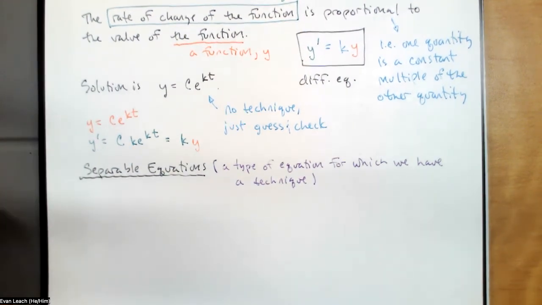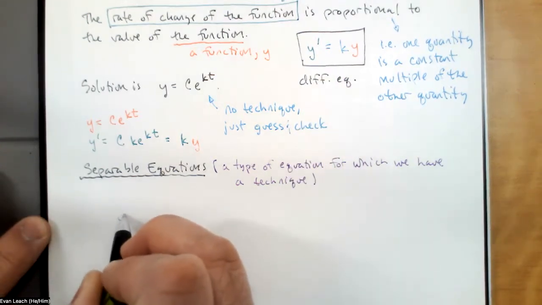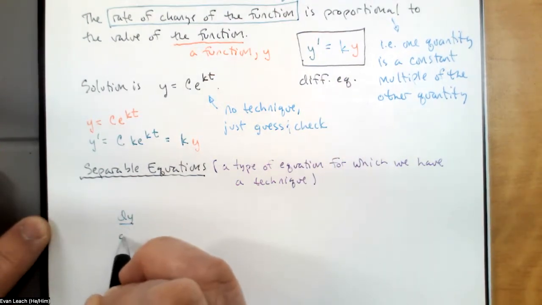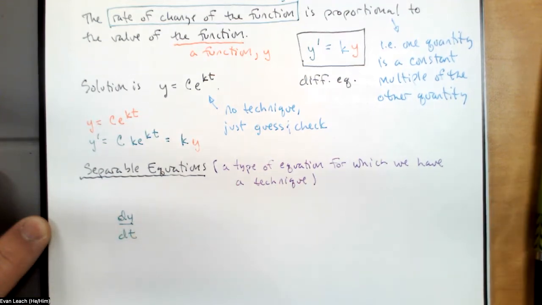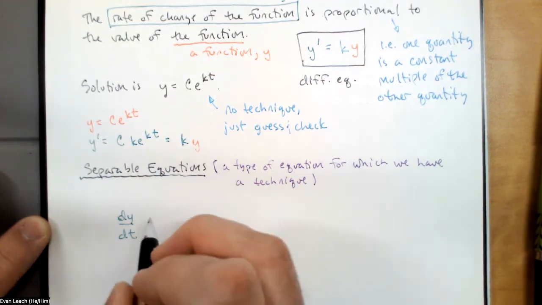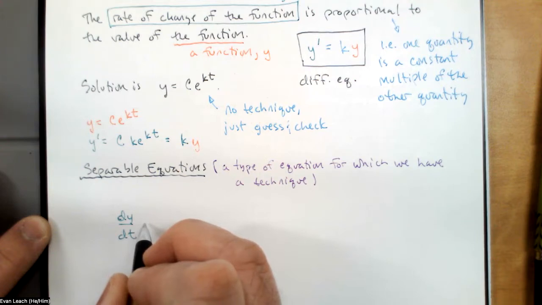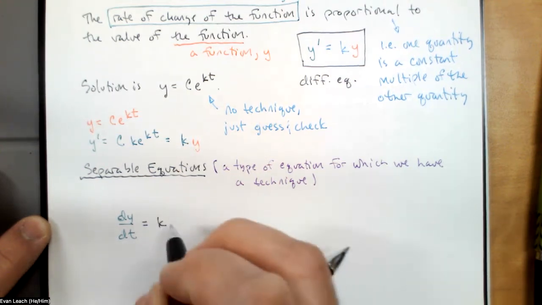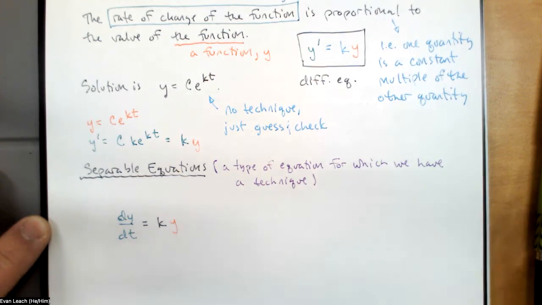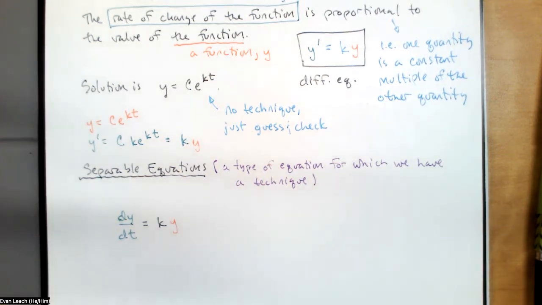I'm going to replace my y prime with dy dt. I'm going to switch to Leibniz notation. Once I write dy dt, I'm explicitly stating that the independent variable is t.